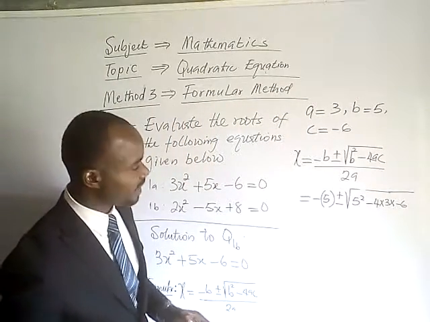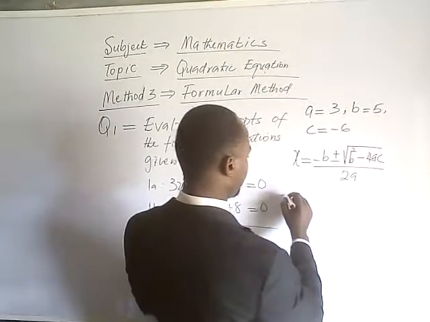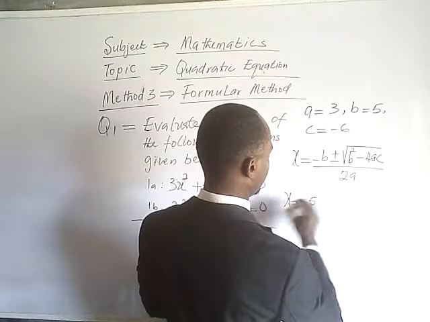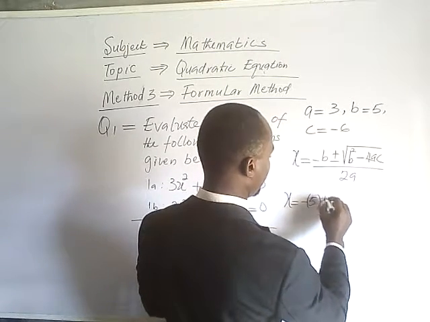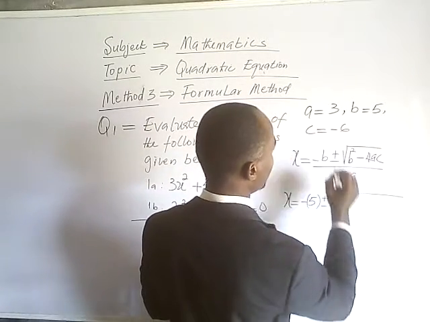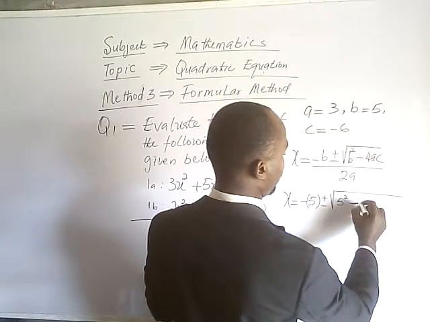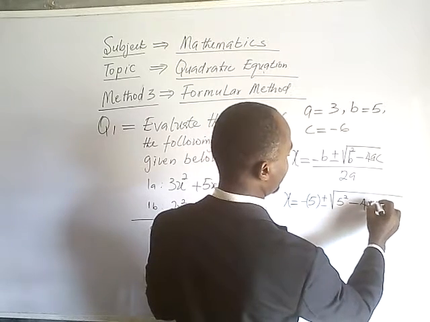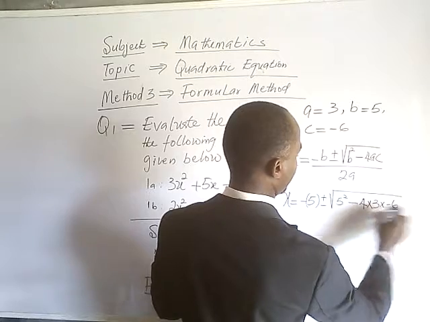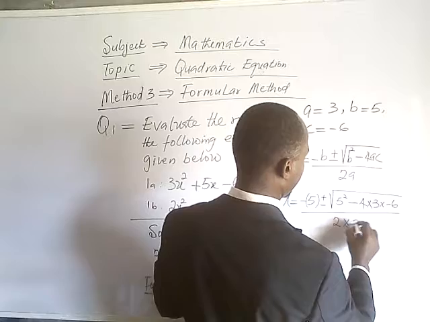Okay, it's too tiny. Let me make it bold a bit. So we have x is equal to, for b, minus 5, plus or minus root, b again is 5 squared, 5 squared minus 4 times a is 3, then times minus 6, all over 2 times 3.